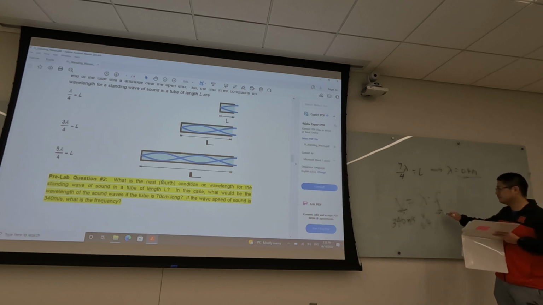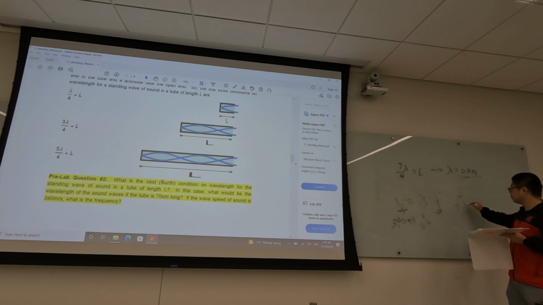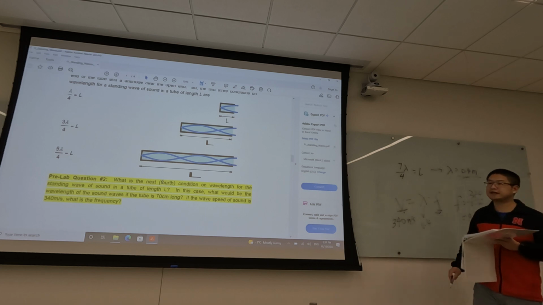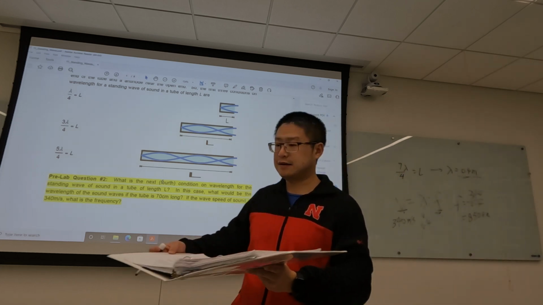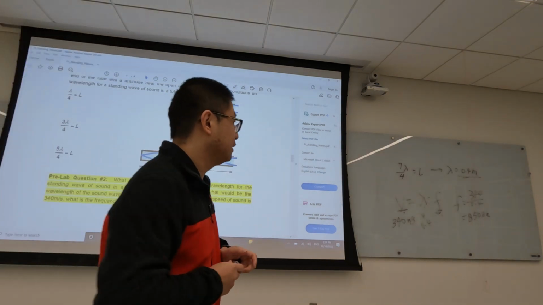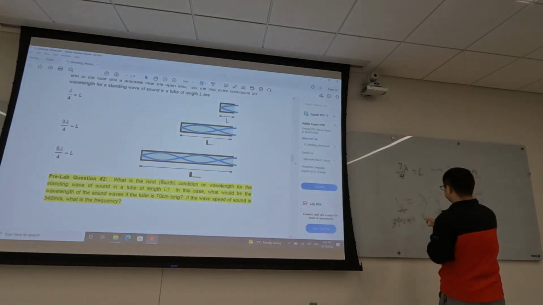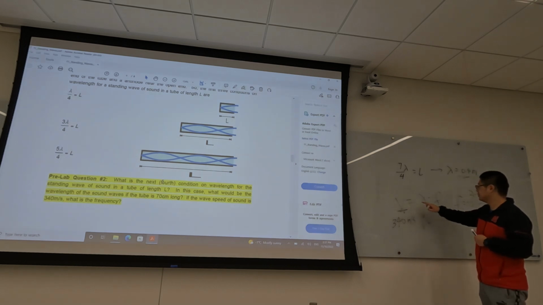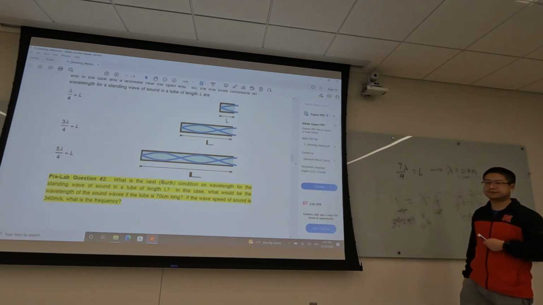Then the frequency f equals 340 over 0.4, which gives you 850 hertz. So these are the pre-lab questions. The most important equation is this equation: velocity equals lambda times f.